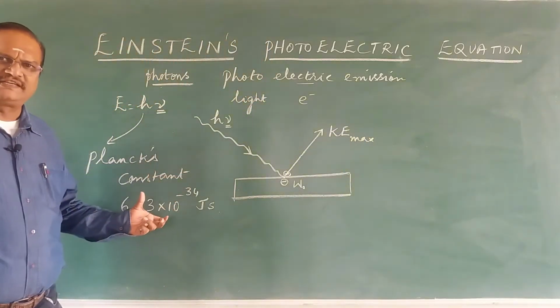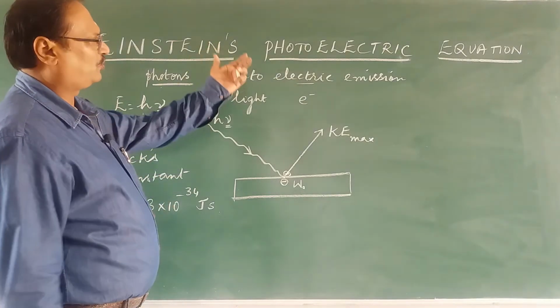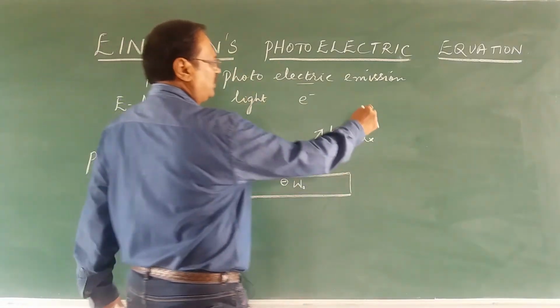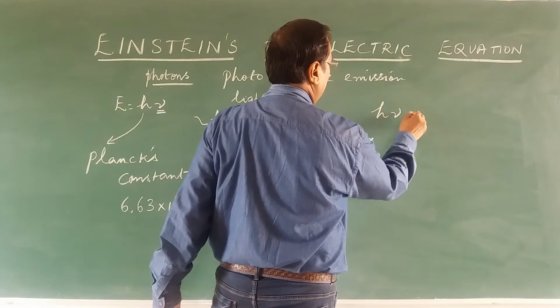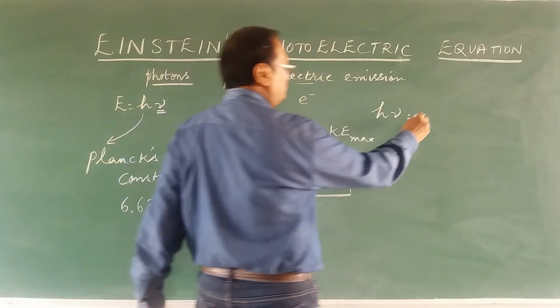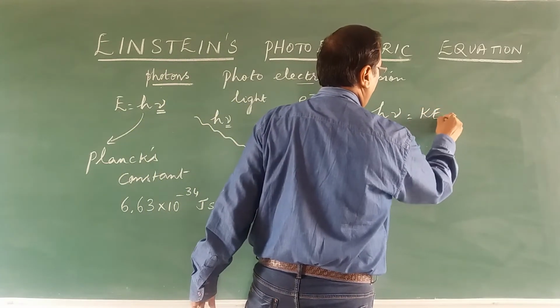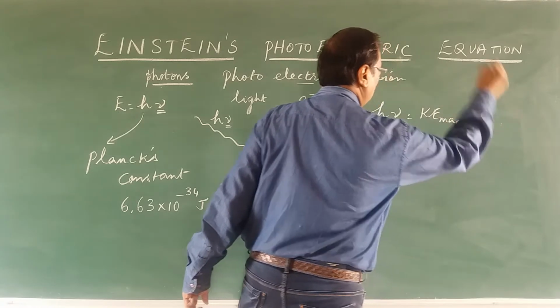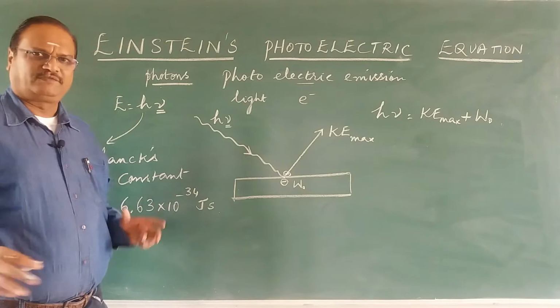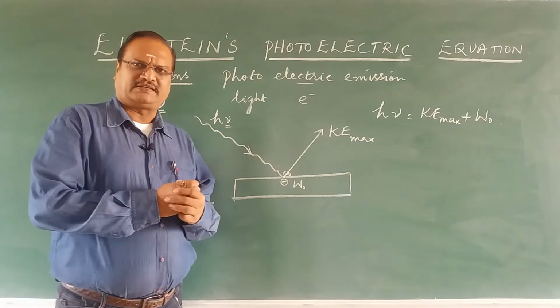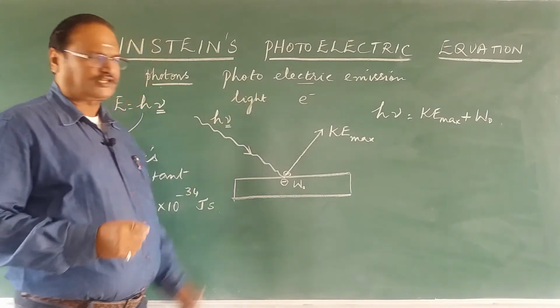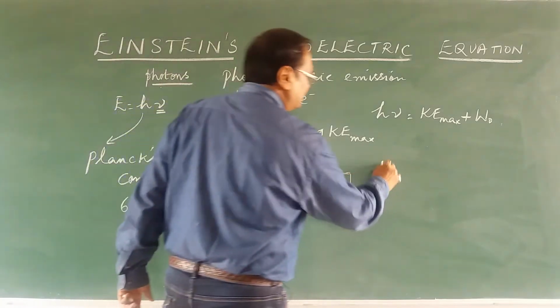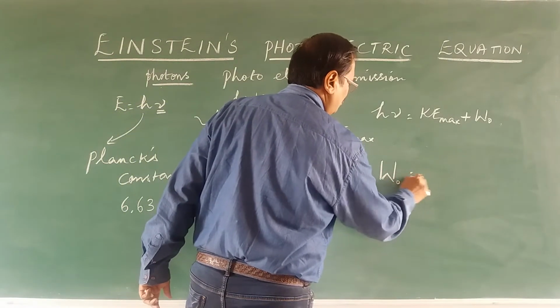So based on this, we have Einstein's photoelectric equation, which says that the incident energy h nu is equal to kinetic energy maximum plus the work function W naught. With this idea in our mind, we can write what work function is. Work function is again energy.